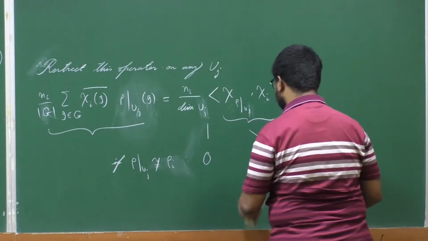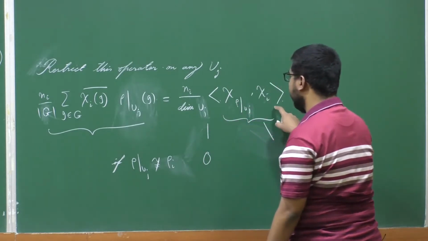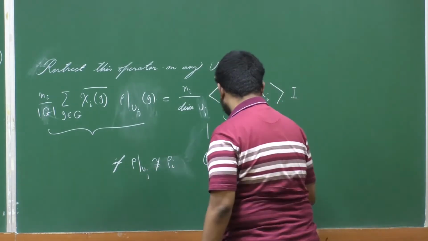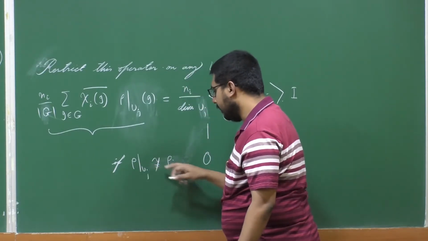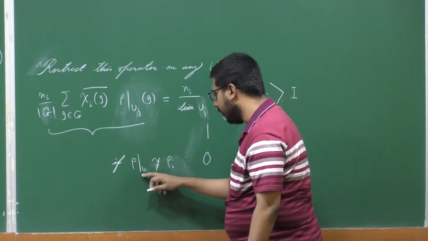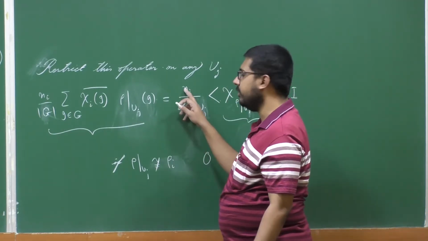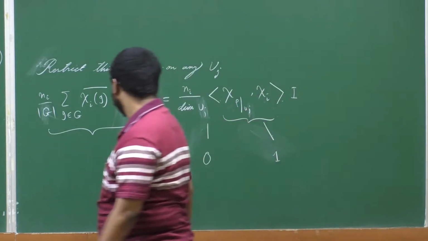Otherwise this quantity has to be 1, and since in the other case these are isomorphic, the dimension of U_j must be the same as the dimension of the representation rho_i, which is n_i. So in that case this factor will be 1.